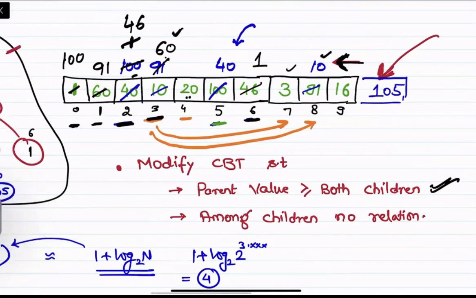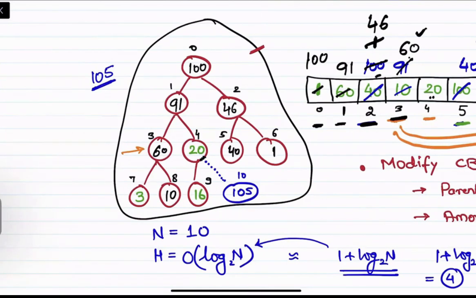Now after putting 105 here, our property got violated. So how can I make sure my property of the parent being bigger is still maintained? What should be done now? Yeah, check with the parent. That means from index 10, I have to go bottom up till parent, parent, parent.